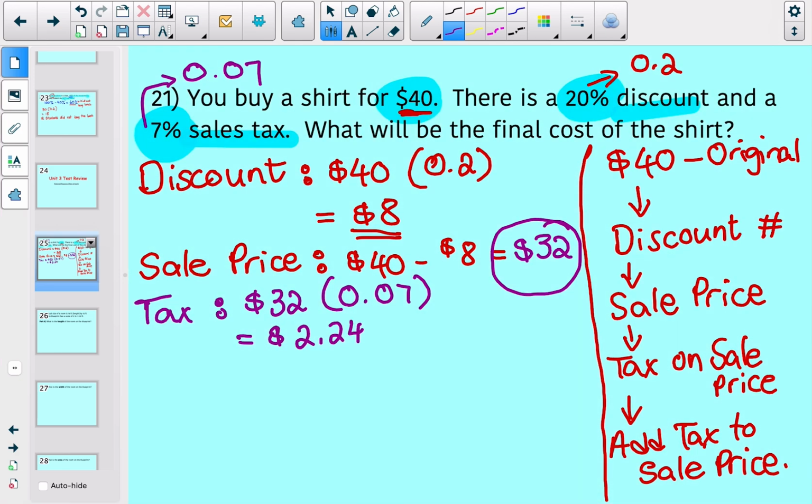And now I have to add this tax amount to my sale price, not to the original.